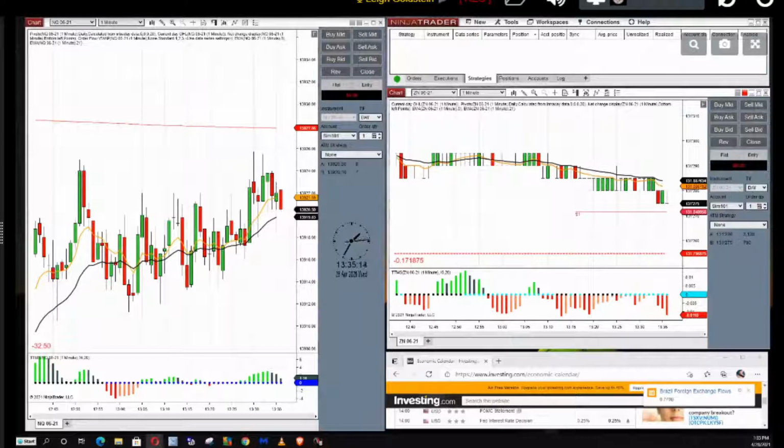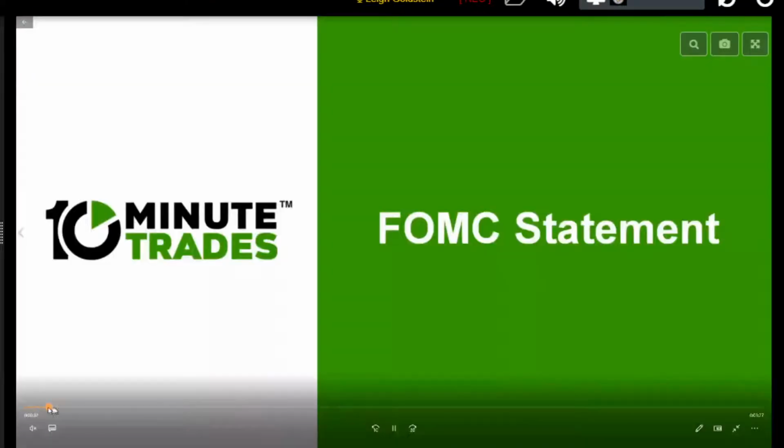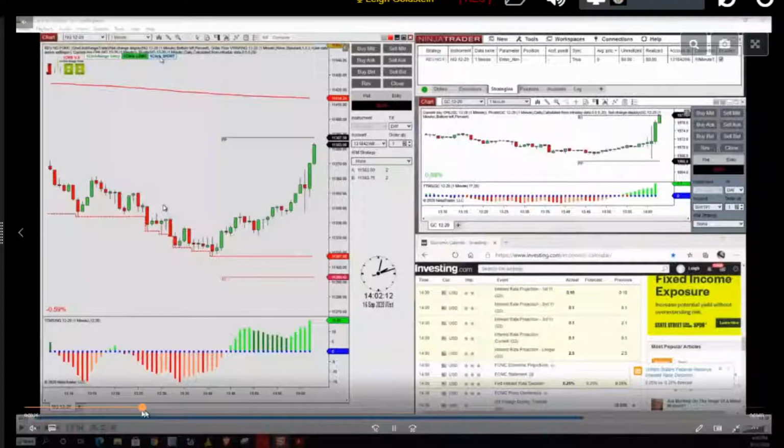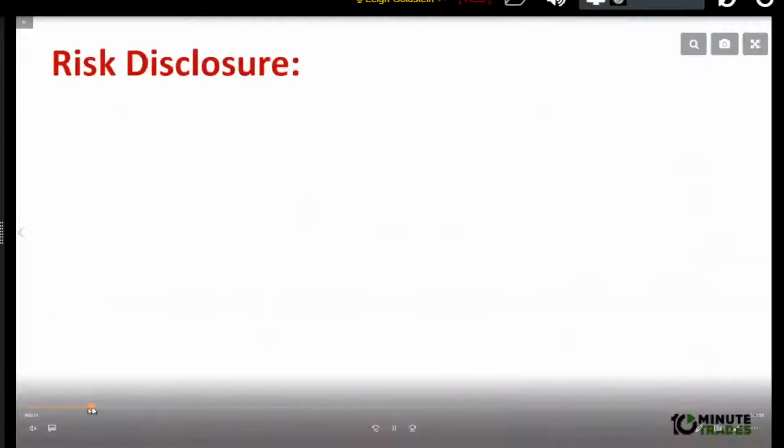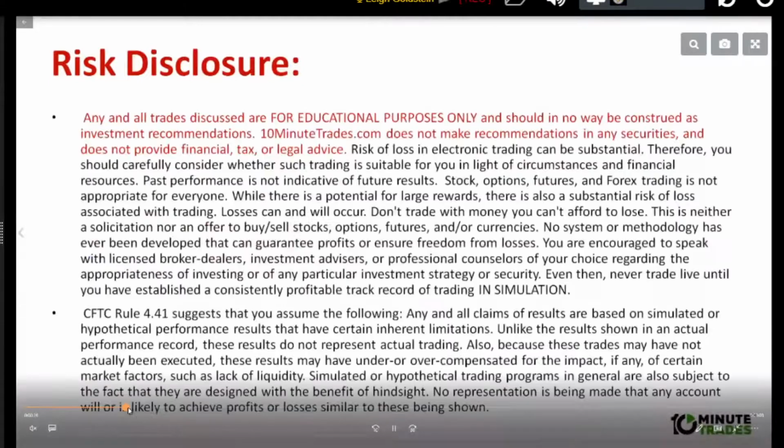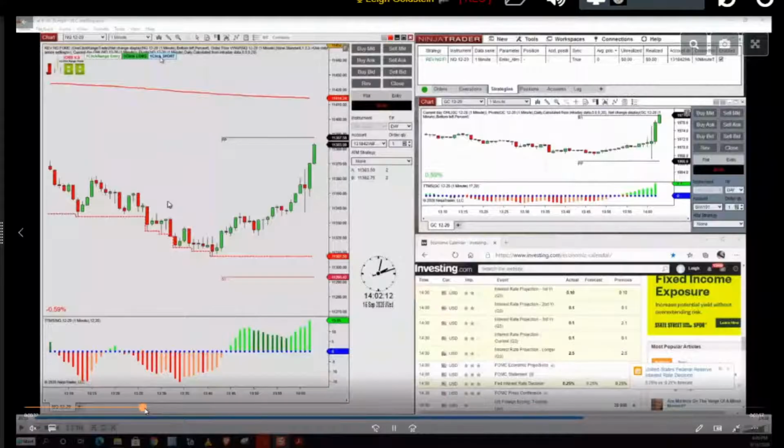But it still doesn't hurt to look at them. If you go back to September, that's a long time ago. Look at what it looks like in September.